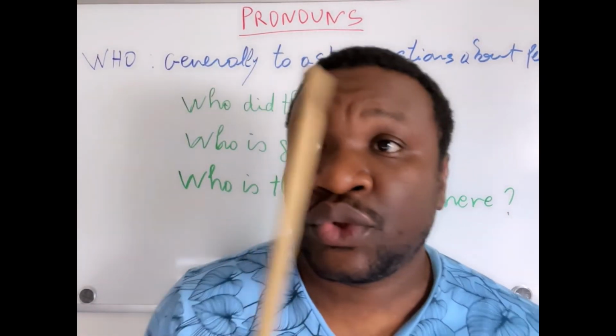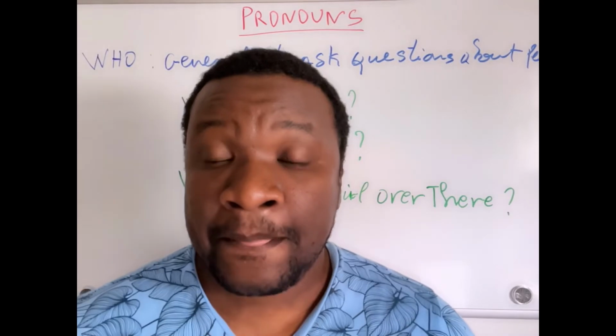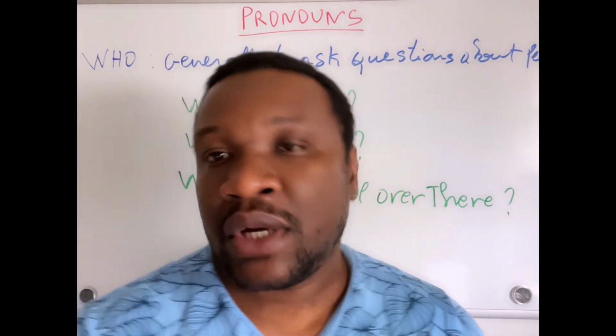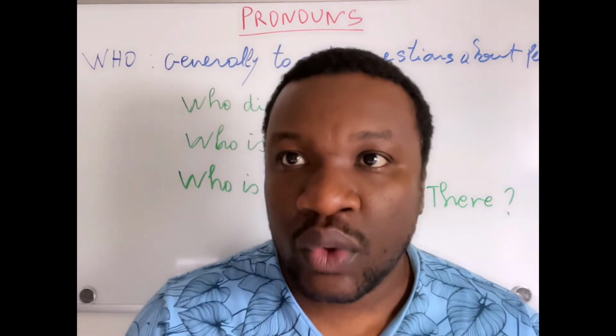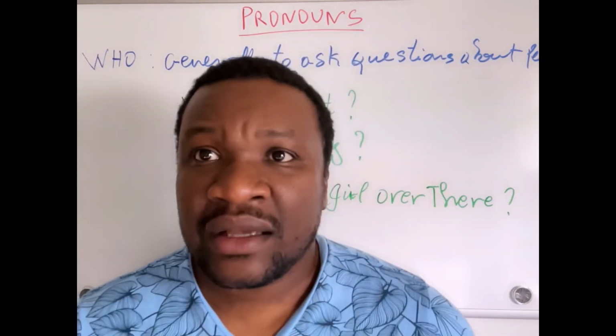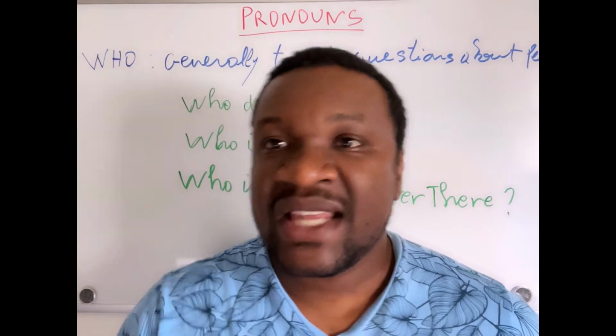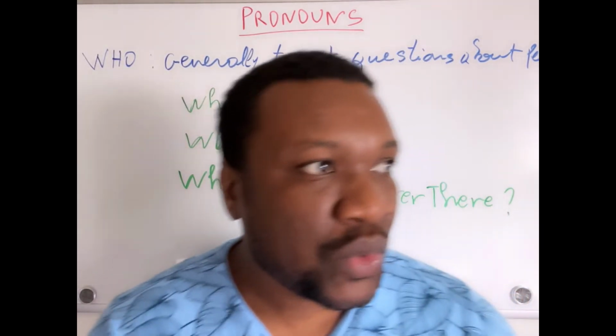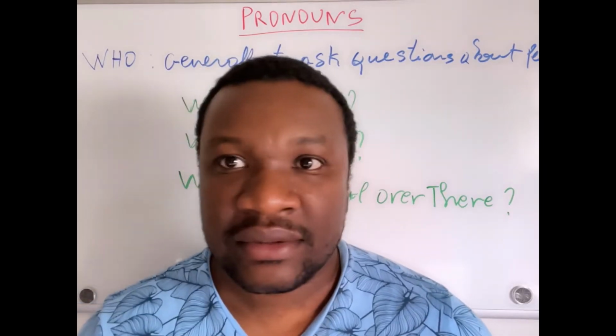So I just told you I was going to show you how to use each of the interrogative pronouns. Now we're working with who. Who is used mainly to ask question about people. Okay, to ask question about people, not thing.